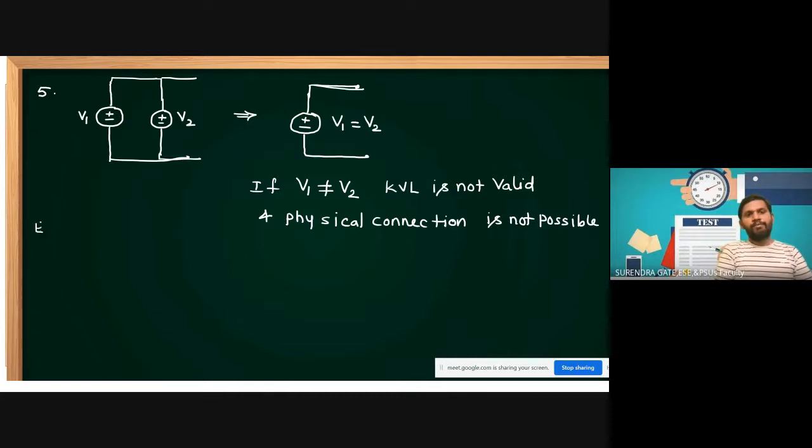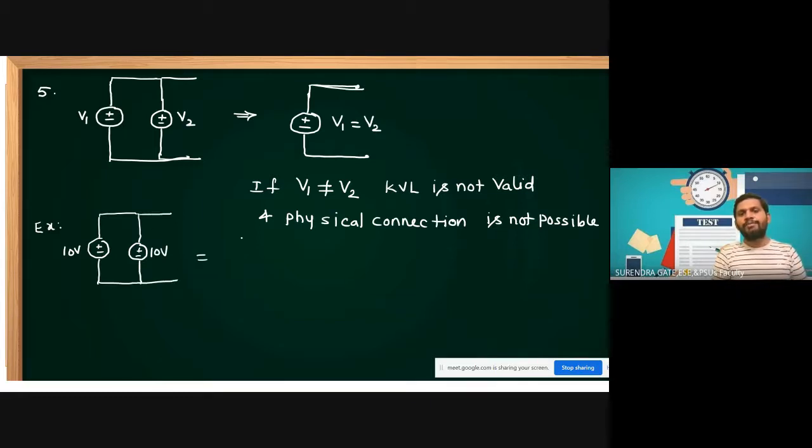This plus minus 10 volts, this also plus minus 10 volts, connected in parallel. Then what is the resultant voltage, friends? Plus minus 10 volts only. Yeah, this is correct. Okay.